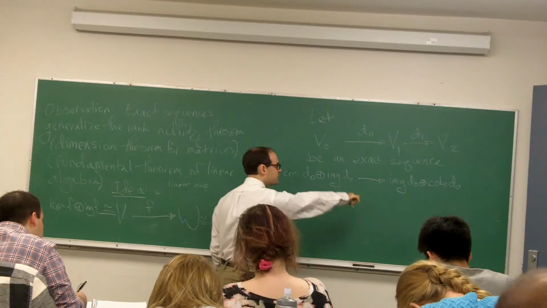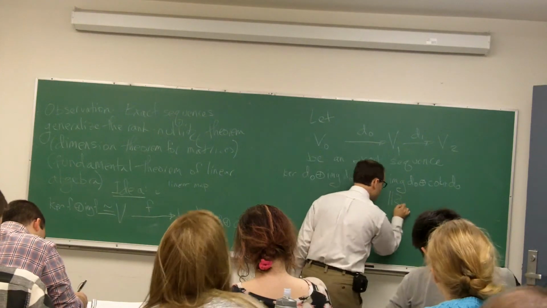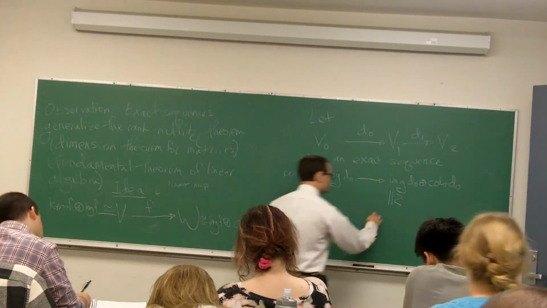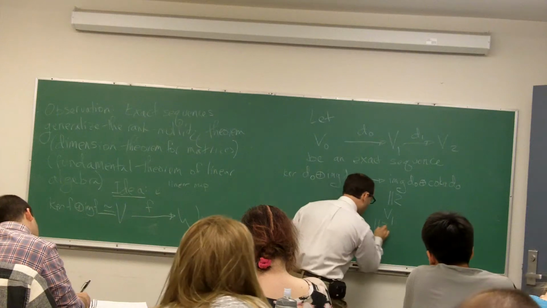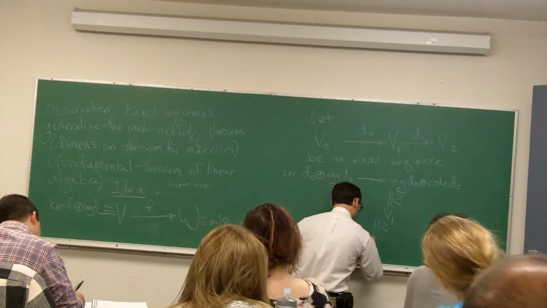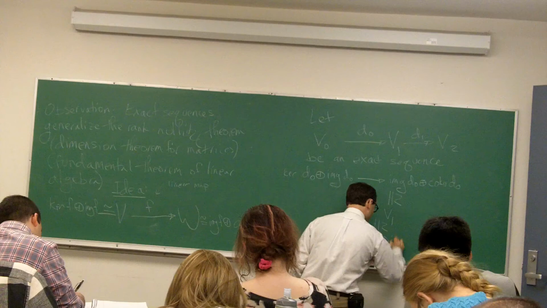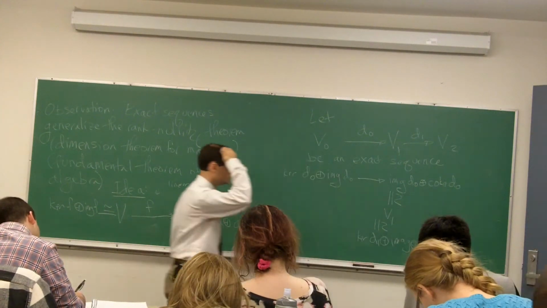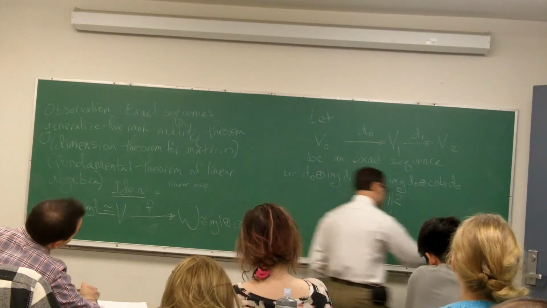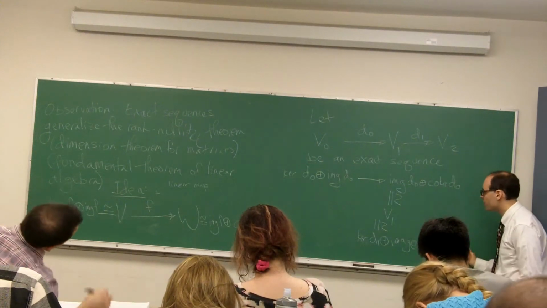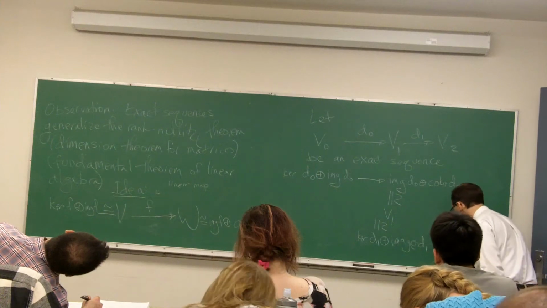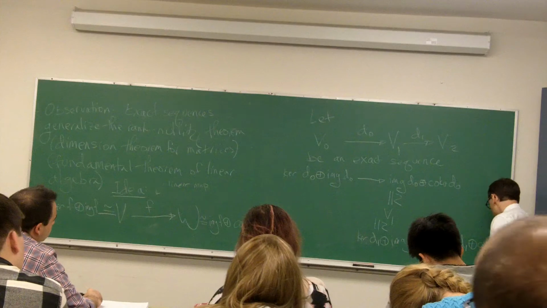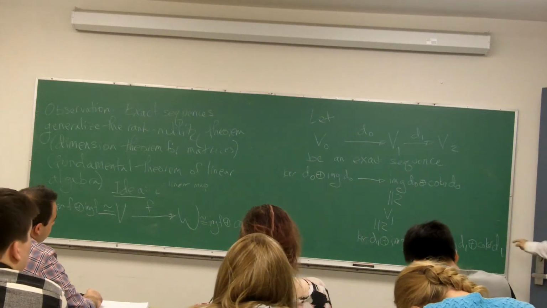But this is the same thing as V1, so it's the same thing also as the kernel of D1 and the image of D1. And that maps over to the image of D1 and the co-kernel of D1.